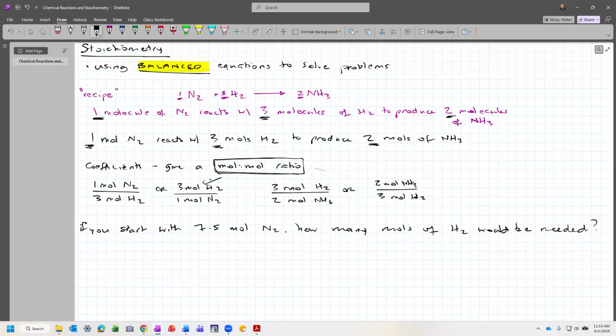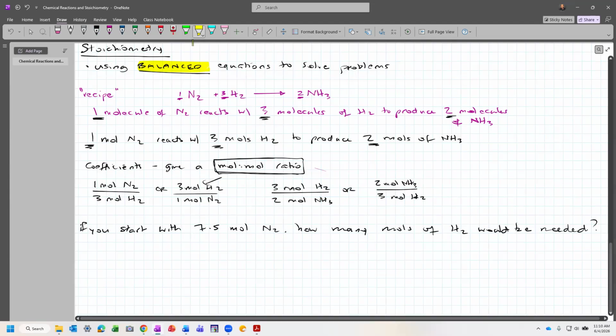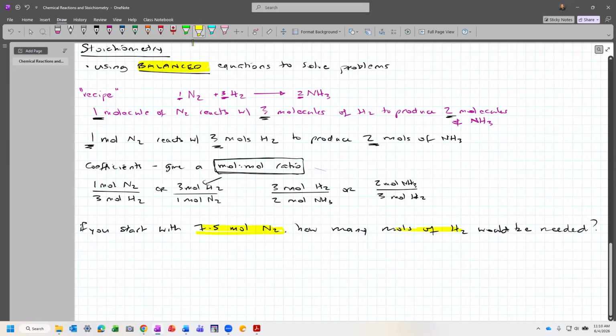Okay, and in all of these problems that you're going to face, and you've seen this before, half the battle is just trying to figure out what the question is actually asking you to do. Okay, and that's where your reading comprehension is going to be super important. All this is asking you to do is to relate moles of N2 to moles of H2, right? Those are the two things that you want to relate together. So looking at my equation, there's my N2 and there's my H2.